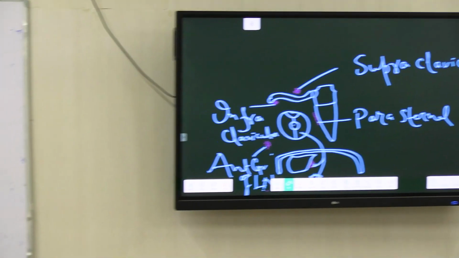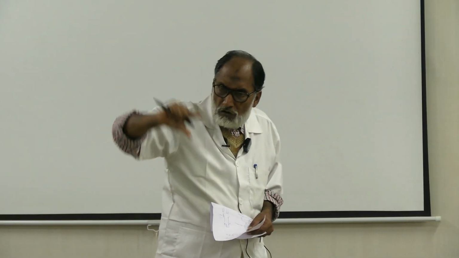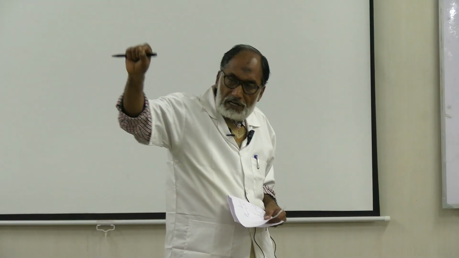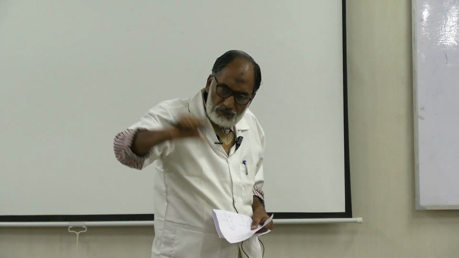The lateral thoracic vein. Along the lower margin of the pectoralis minor runs the lateral thoracic vein. Along this vein lie the anterior group lymph nodes.